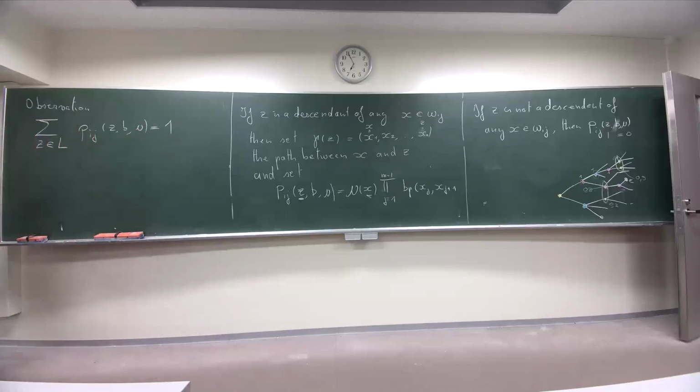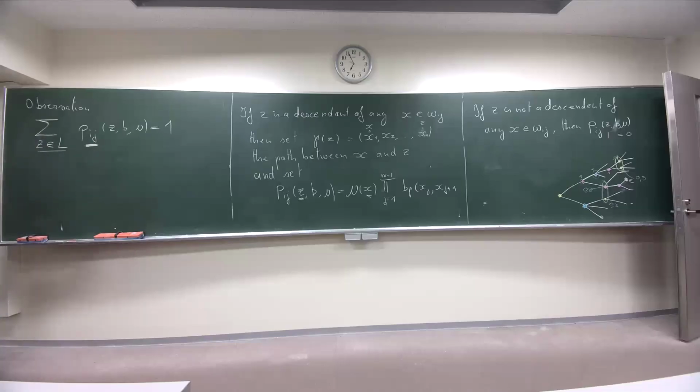Just think about it. And in fact, for many of them, the contribution is 0. It's only non-zero for those who are descendants of omega ij. And this ij here means omega ij.